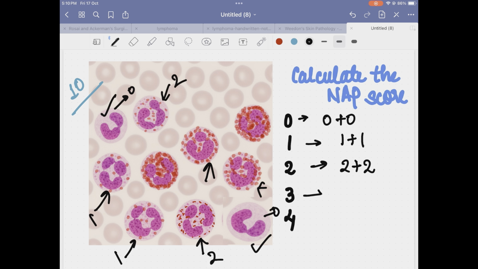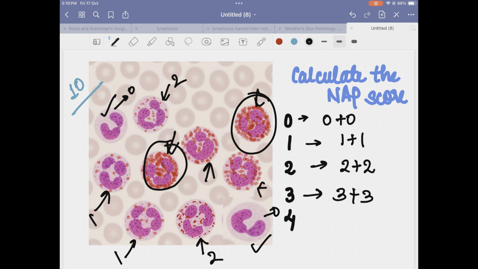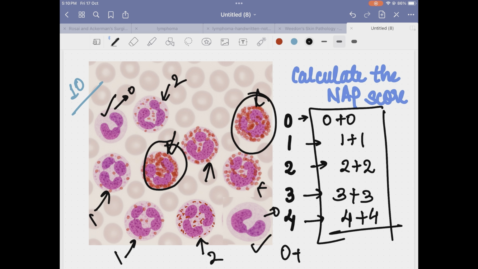They have strong intensity staining, and then very strong intensity. These 2 are just highly intense in their staining, so 4. So you calculate the total score, 0 plus 0 plus 2 plus 4 plus 6 plus 8. So the score comes up to 20.